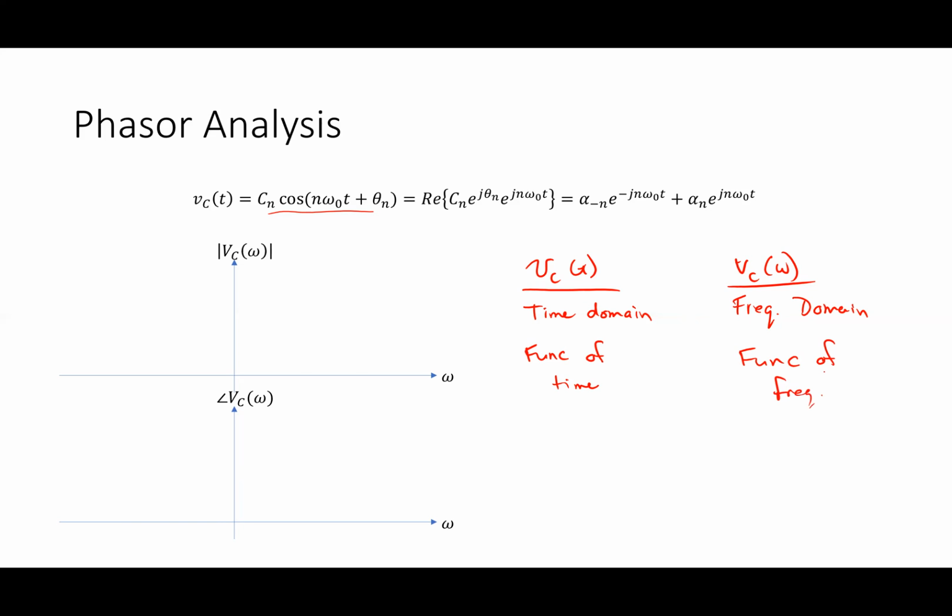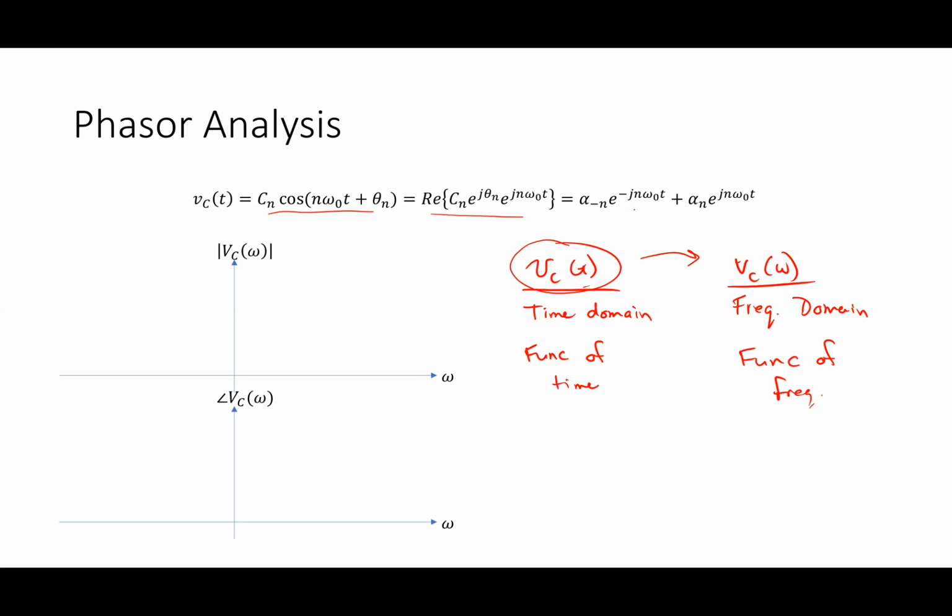To perform our analysis, v sub c of t is what happens in the real world, but we transform over into this other domain where analysis becomes a lot easier. We just represent this waveform that's changing as a function of time by basically just two numbers, an angle and a magnitude. And to do that, we can use this expression here, the real part of that expression, to represent this cosine that exists in time.